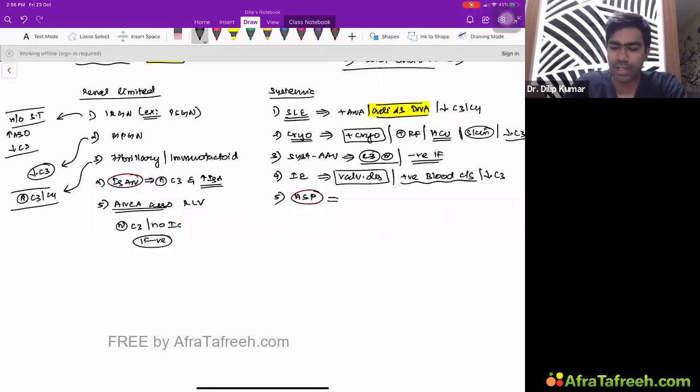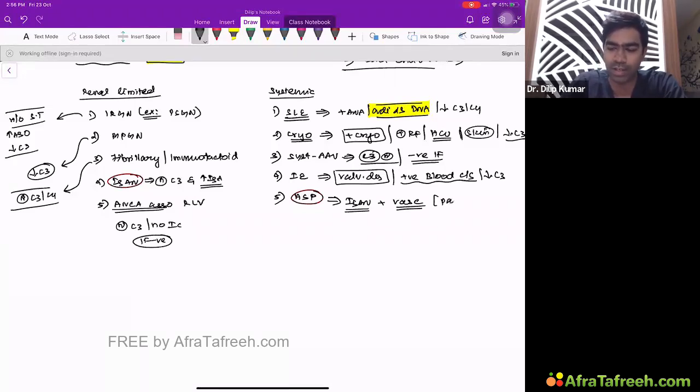As far as HSP is concerned, typically they will have features of IgA nephropathy, plus they will have a vasculitic picture, which you have discussed already. If it's IgA nephropathy alone, that's called Berger disease. If you have systemic vasculitis associated, especially in children and adolescents, that is called Henoch-Schönlein purpura.